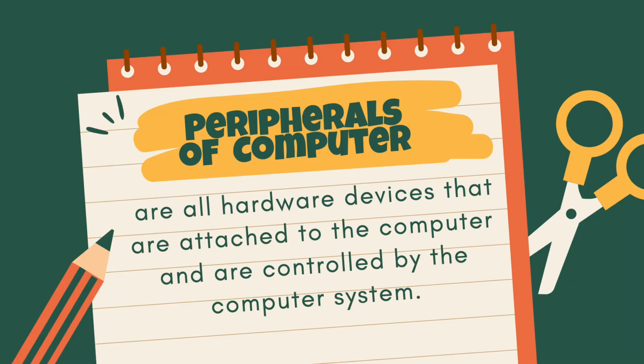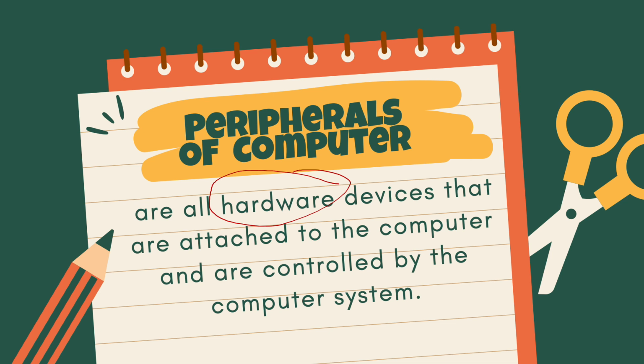So next, let's go to our real topic. Our topic is peripherals of computer. Peripherals of computer are all hardware devices that are attached to the computer and are controlled by the computer system. So again, when we hear the word hardware, we always define it as the touchable part of the computer.